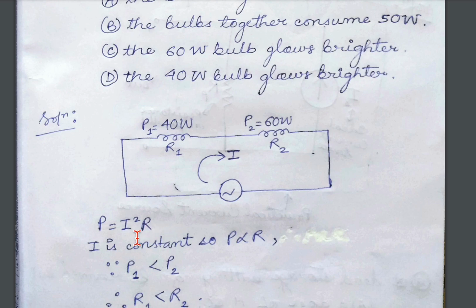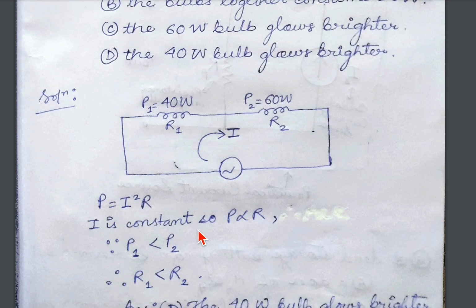Since this is a series connection, the current will stay constant and the power will hence become directly proportional to resistance. Since I is constant because of series connection, in place of P equal to I square R, I square will act as a proportionality constant, hence making P directly proportional to R. Okay.